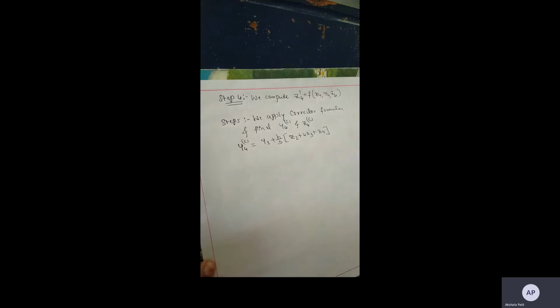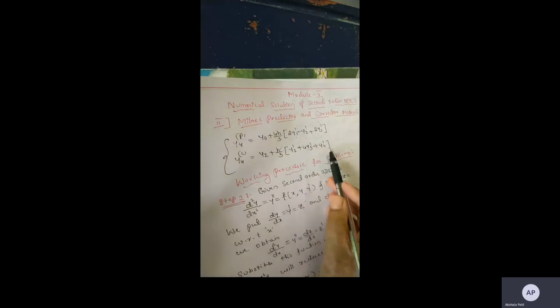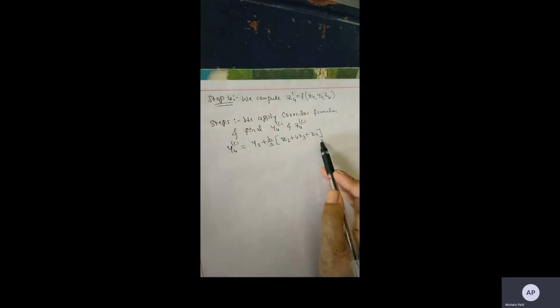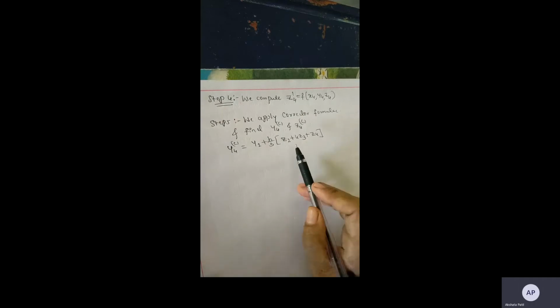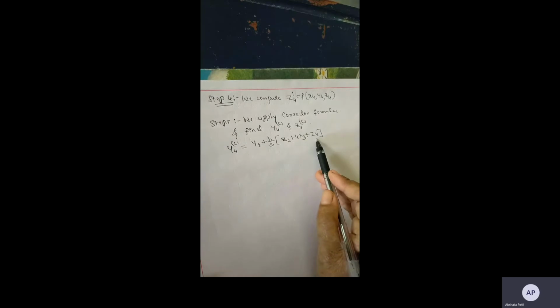There also we use the same formula; only observe here, we had y2 dash, y3 dash, y4 dash, and in place of these we use z2, z3, z4. So no need to change the formula; it remains the same. Now this is the y4 of corrector formula.